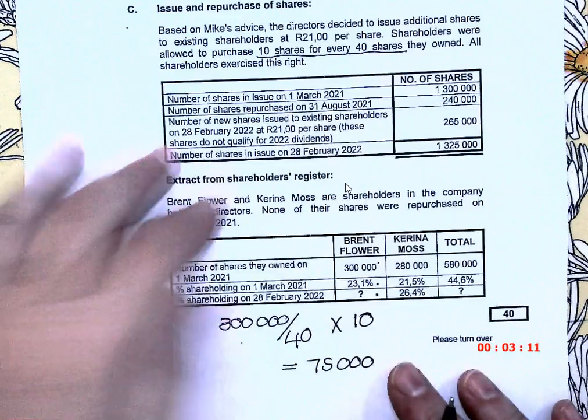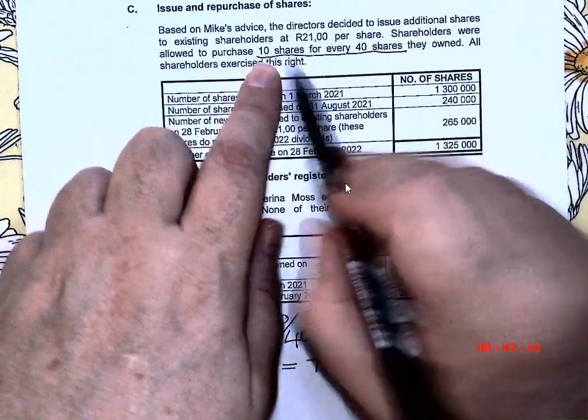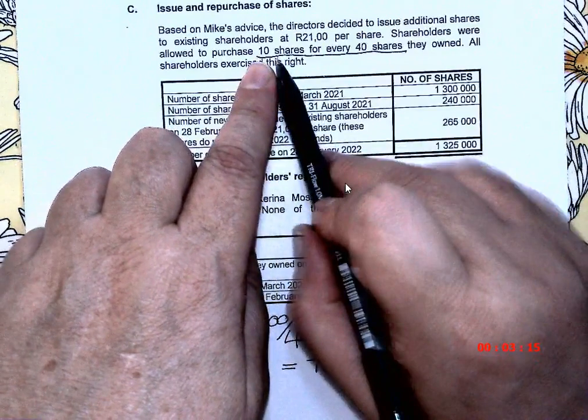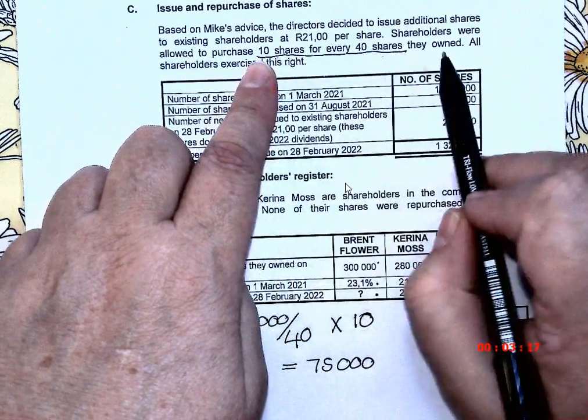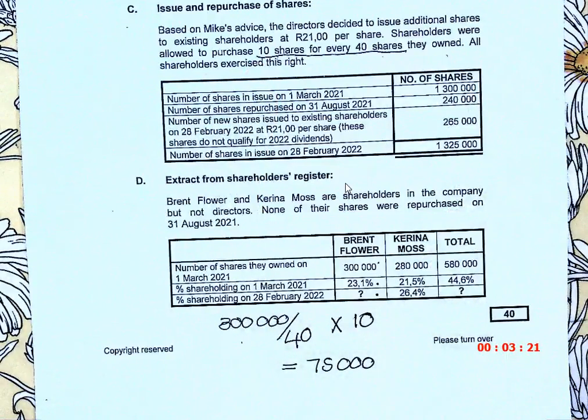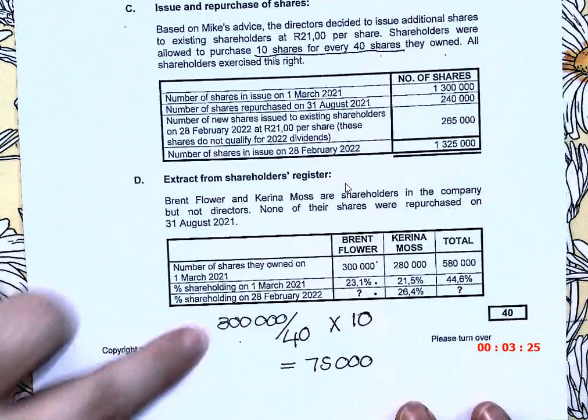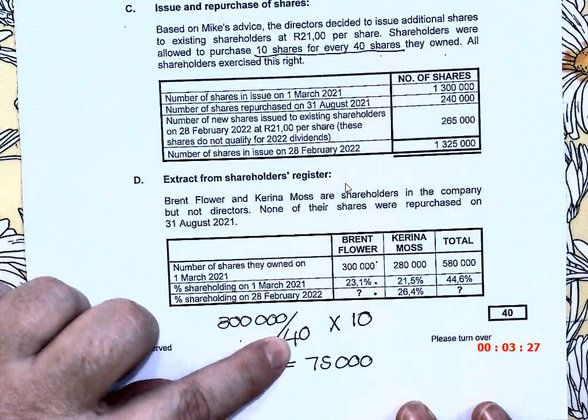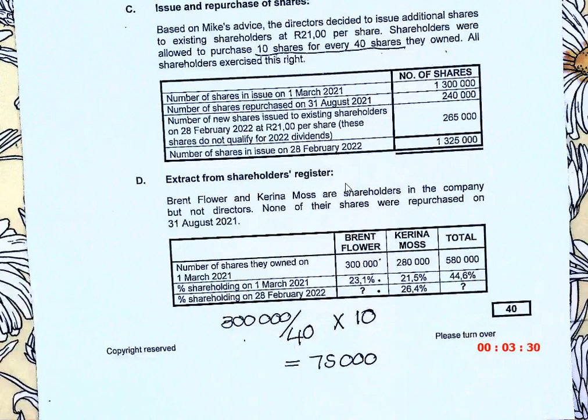They say that he can buy 10 shares for every 40 shares that he owned. So I want to know how many 40s he owns. If I divide the 300 by 40, I can see he's got 10. And for that 10, he can buy 10 each, which would be 100. You get what I'm saying?